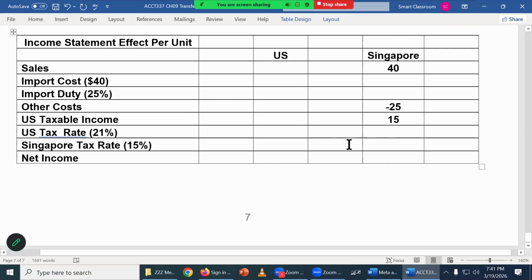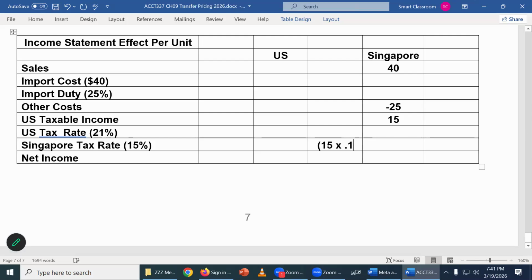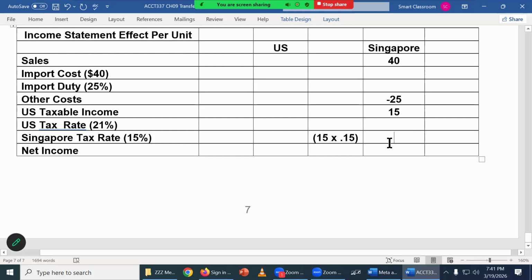And the Singapore rate is 15%, so $15 times 0.15 is 2.25.